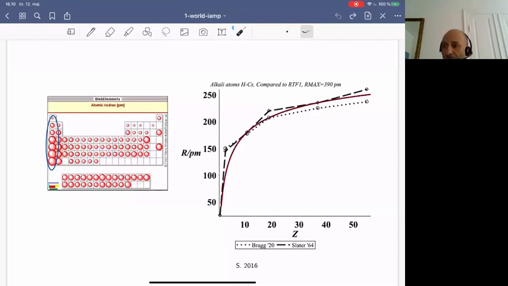That scale is essentially the same as the scale where the atom starts having a radius corresponding to the radius of the infinite Thomas-Fermi atom, which is almost 400. It's nearly twice the radius that you see here.